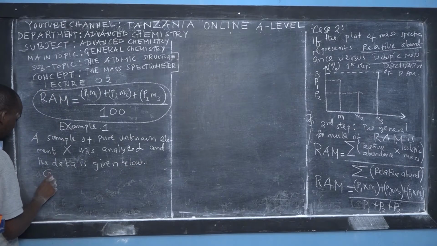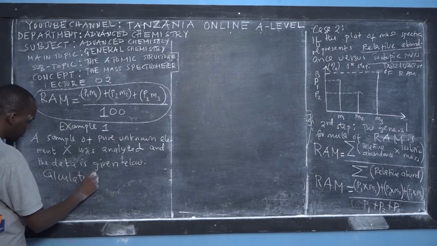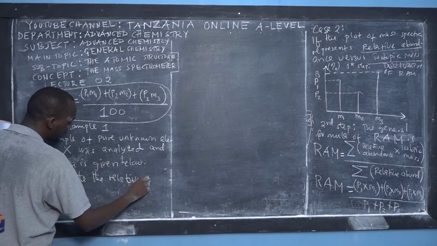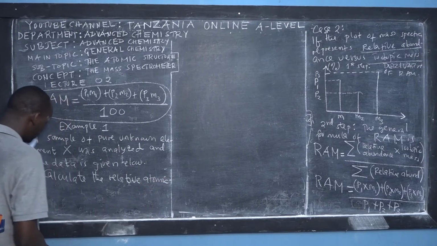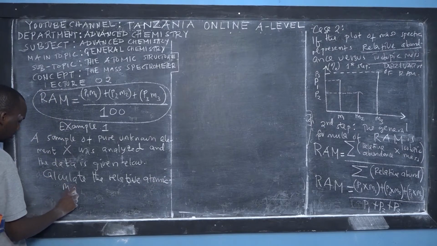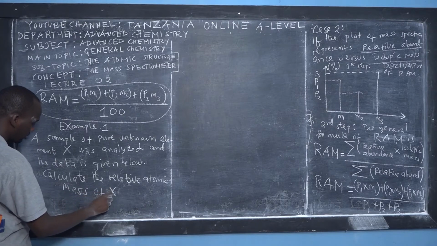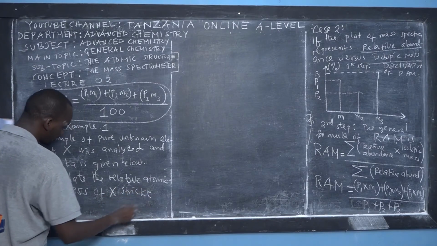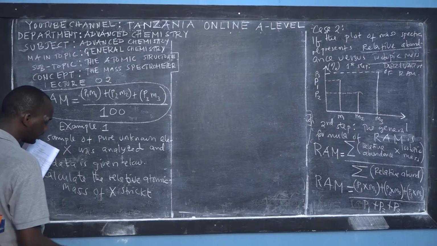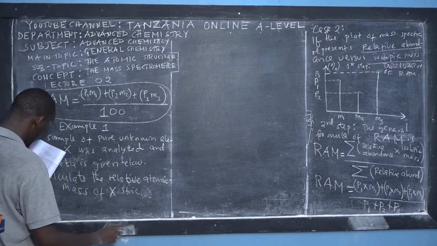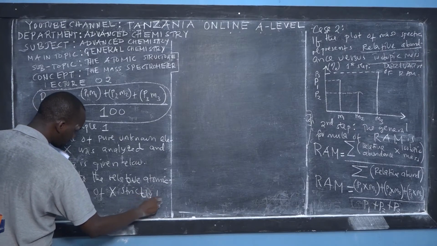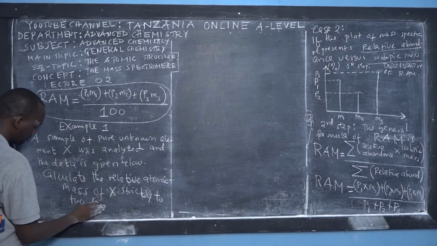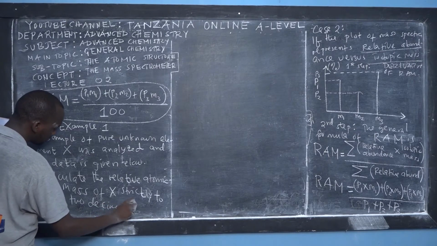Calculate the relative atomic mass of X strictly to 2 decimal places.